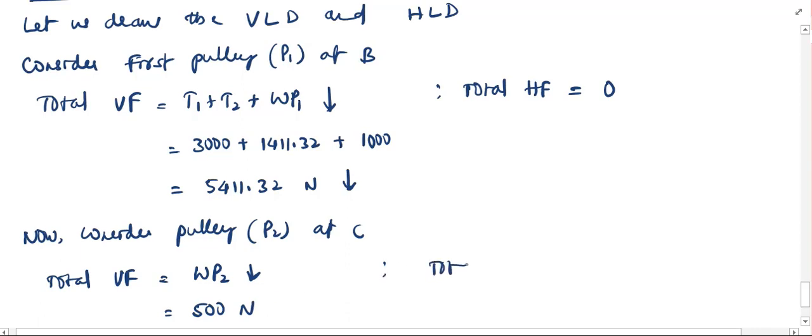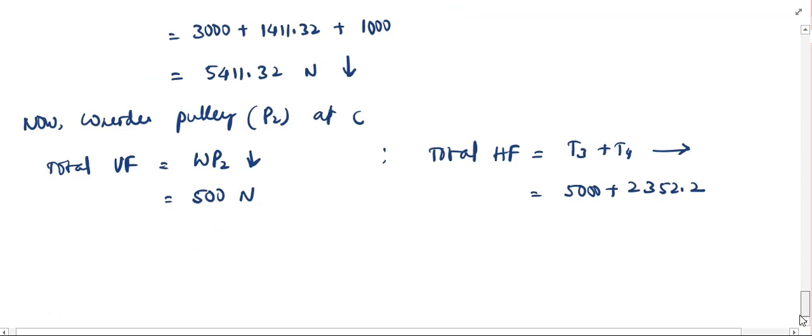Also, the total horizontal force on the second pulley will be T3 plus T4, that is 5000 Newton plus 2352.2, so the net horizontal force will be 7352.6 Newtons.